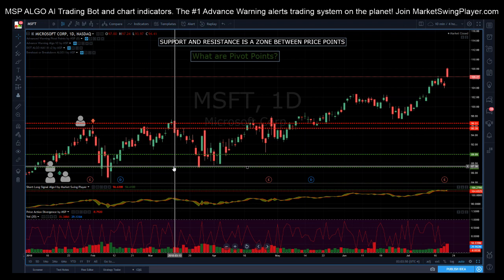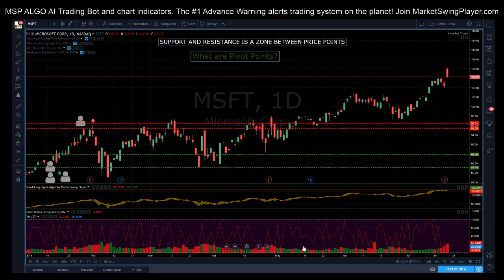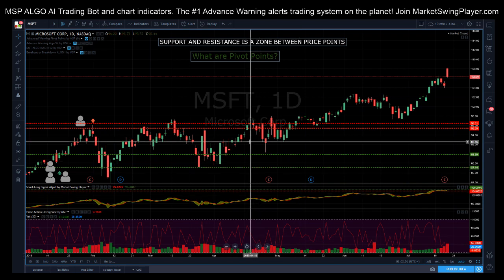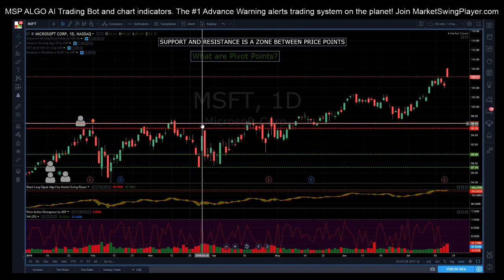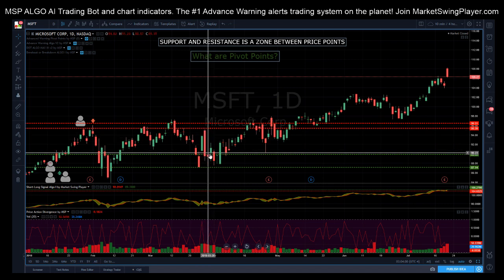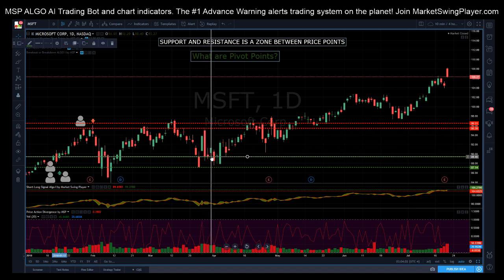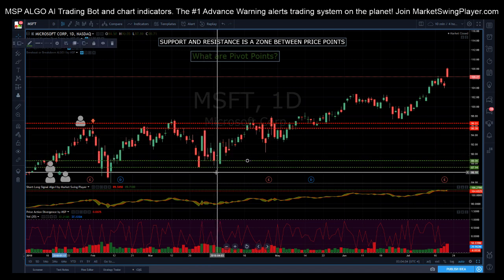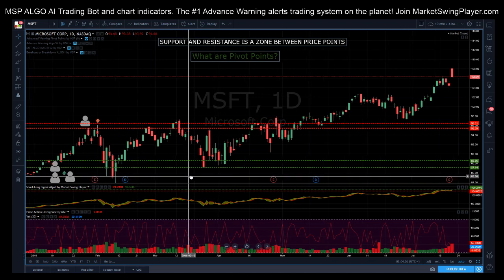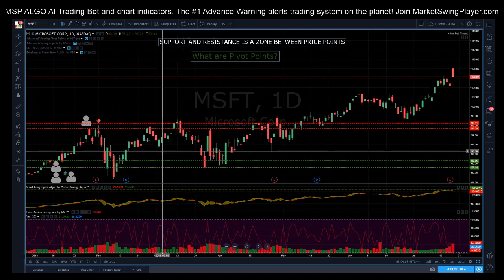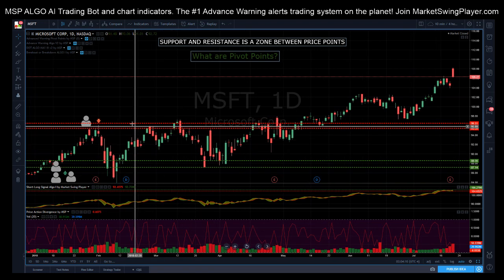Pivot points are significant support or resistance levels. Okay, so we have our resistance zone and support zone here, but we don't have any pivot points.